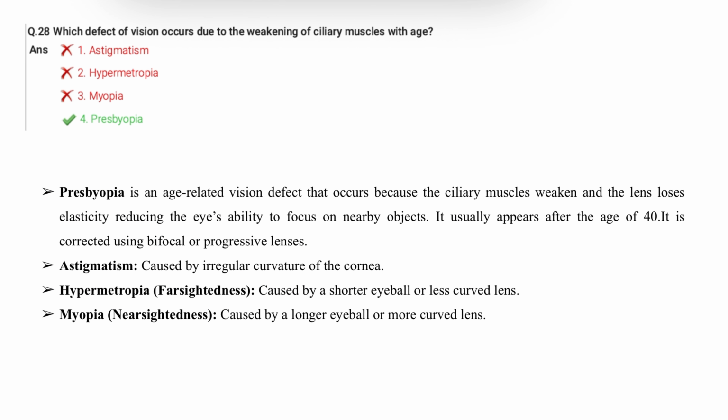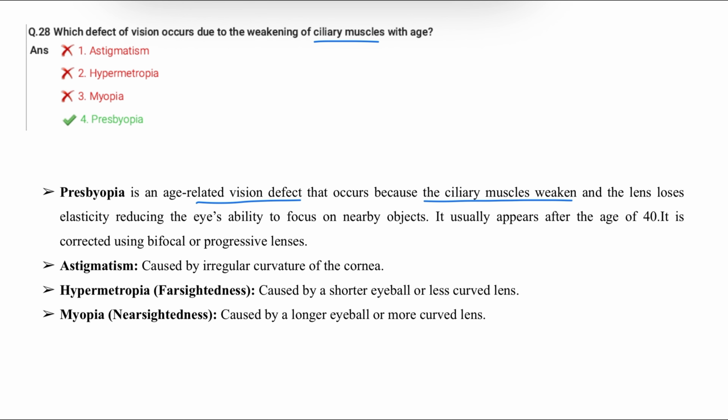Next question. Which defect of vision occurs due to weakening of ciliary muscles with age? Presbyopia is an age-related vision defect that occurs because ciliary muscles weaken and the lens loses elasticity, reducing the eye's ability to focus on nearby objects. It usually appears after the age of 40.